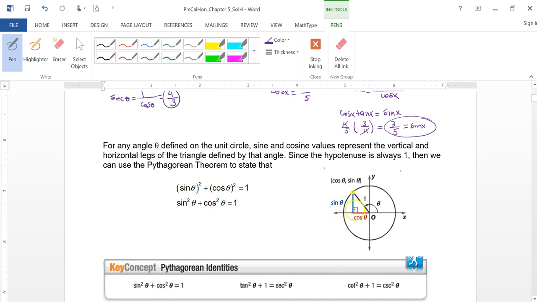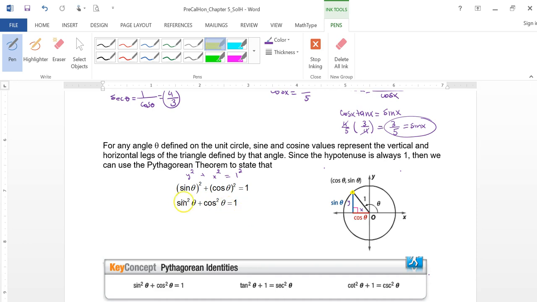Now, if I call this y and this x, and I wanted to do the Pythagorean theorem, what would that be? y squared plus x squared equals 1 squared. Well, now, instead of y and x, if I wanted to use the other labels, you would have sine squared theta plus cosine squared theta. So just remember, sine squared theta plus cosine squared theta equals 1.